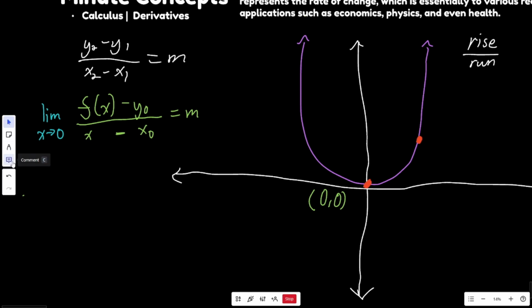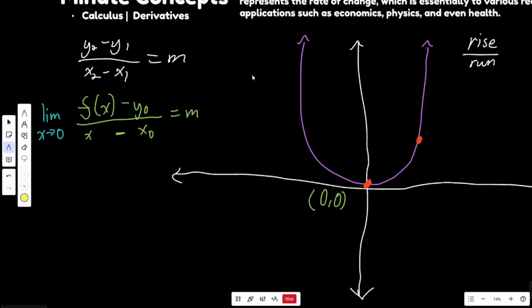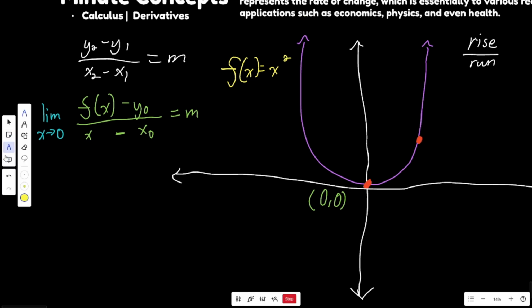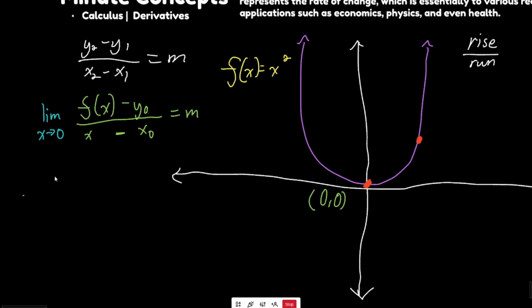Now, let's say that our formula here is f of x is equal to x squared, because this is really just the most basic function here. Now, what can we do about this? What we're going to do now is we're going to substitute our values.